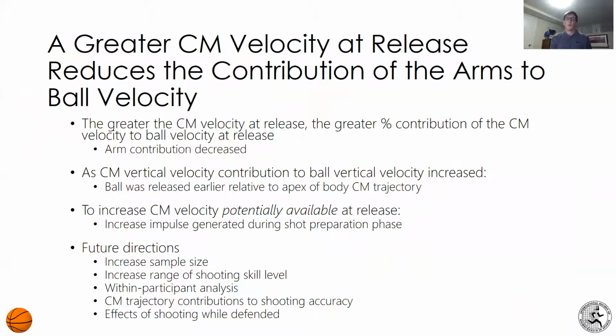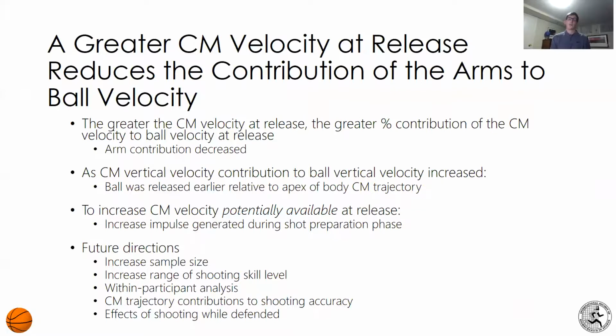So, the greater the center of mass velocity at release, the greater the percent contribution of the center of mass velocity to ball velocity at release. Thus, in turn, it reduces the arm's contribution. This was seen across all distances, as well as all participants.